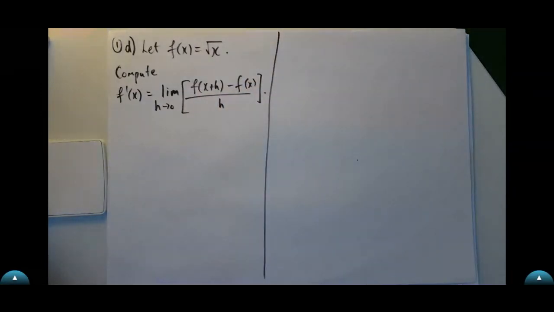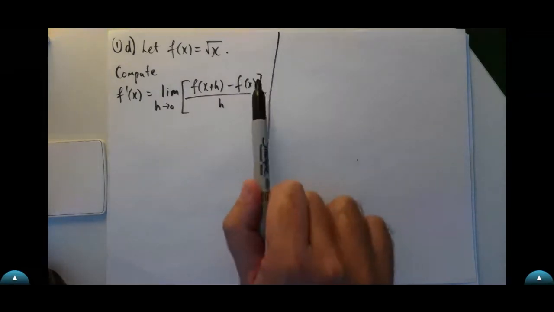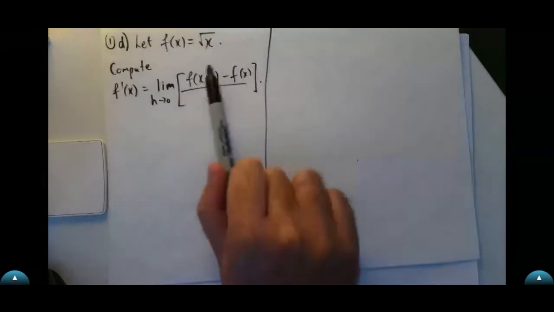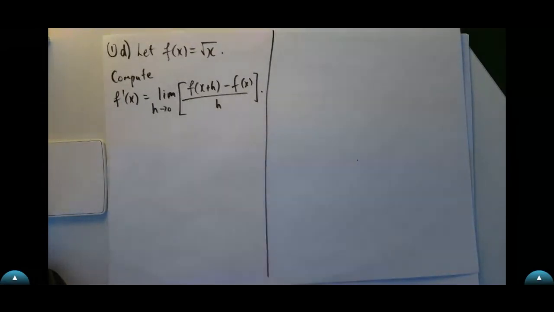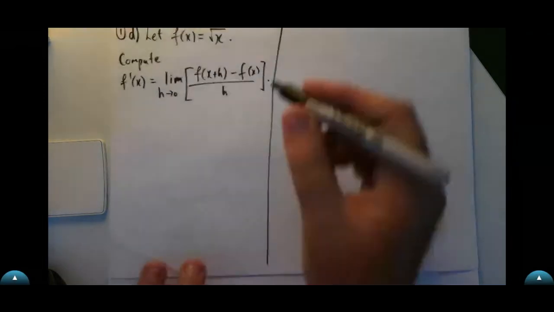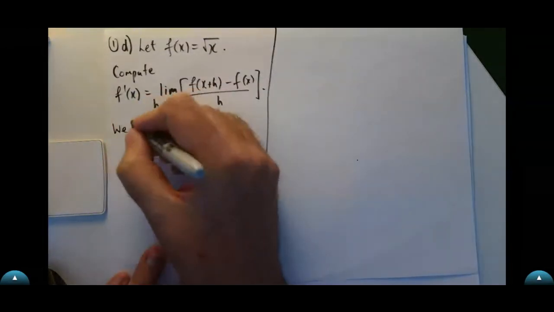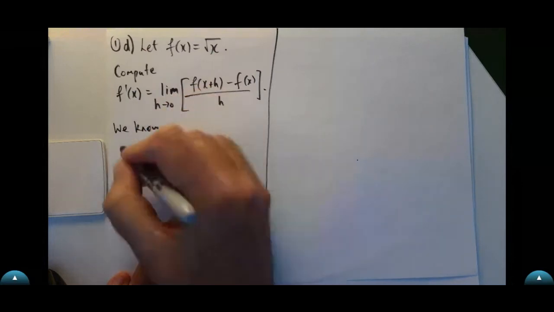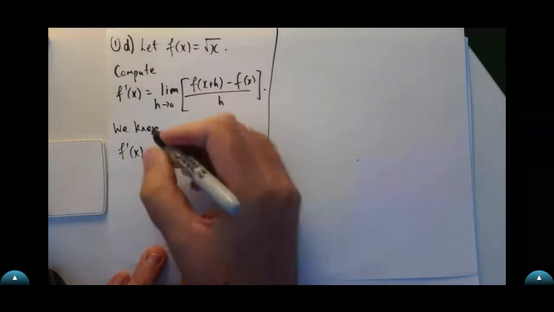Okay, and like I've said in lectures many times, there's a definite process for these kinds of questions. You try to simplify this as much as possible, and the last thing you do is take the limit. Okay, so if we differentiate this, we actually know exactly what it is, right?